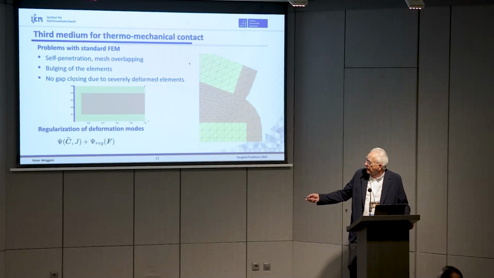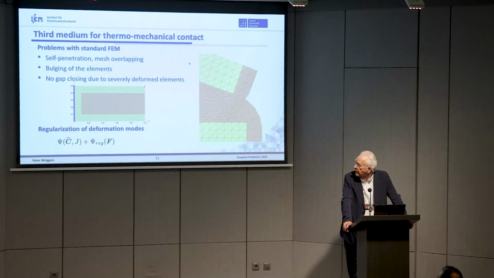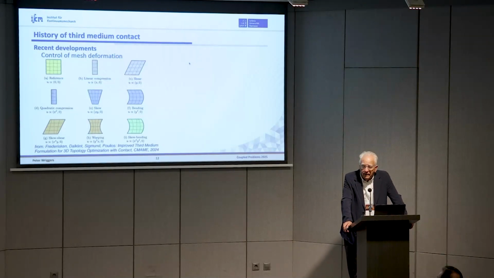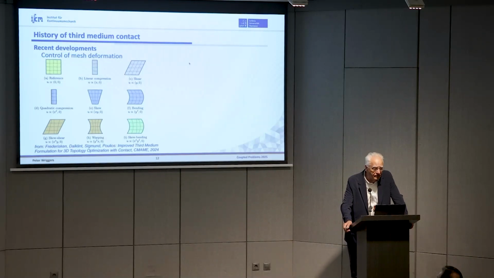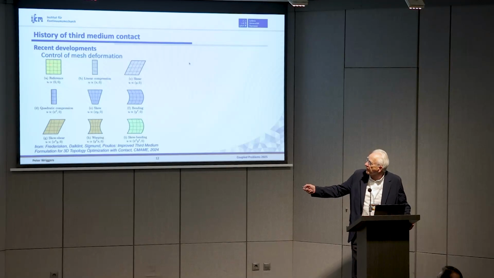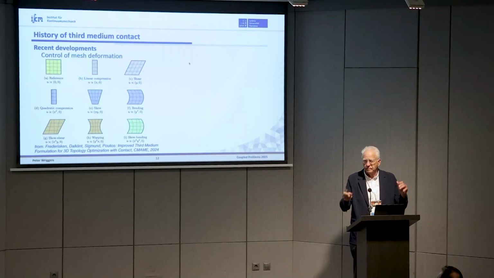Now, that means that we have to add to the strain energy function some regularization, which depends on the deformation gradient, which basically controls the mesh deformation. And the idea, this is actually a picture which I took from this paper by Frederiksen, was basically to say what we want to have are these first modes, and what we want to suppress are these kind of modes here, the higher order modes which do the bulging.